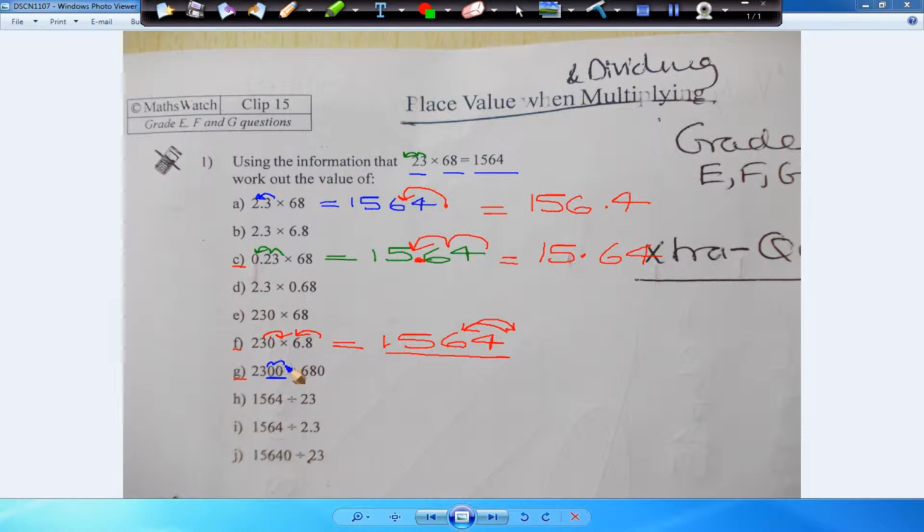Now, 68 became 680. How many times did they make it bigger now? 10. So altogether they made it 1,000 times bigger. So now our answer, which should have been 1564, won't be 10 times bigger or 100 times bigger. It will be 1,000 times bigger. And we can make it 1,000 times bigger as quickly as that.